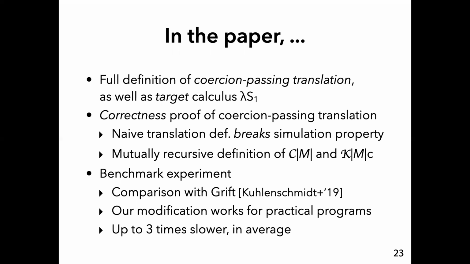To fix this, we had to define translation by a mutually recursive definition. We also conducted a benchmark experiment and compared running time in our modified compiler with the original Grift. We confirmed our modification works for practical programs with some overhead.